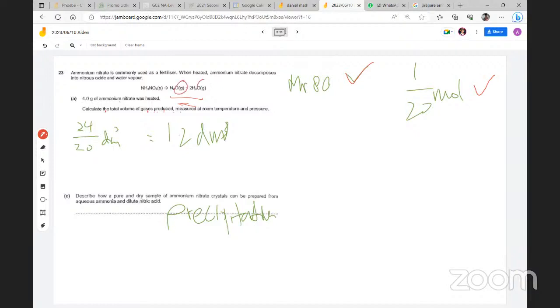There are two gases. I think you just counted the first gas. For some reason, they tell you that this time the water is going to be water vapor. Then water vapor is also a gas, so you do want to include that.